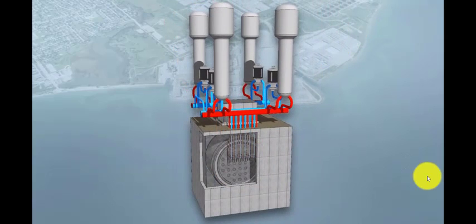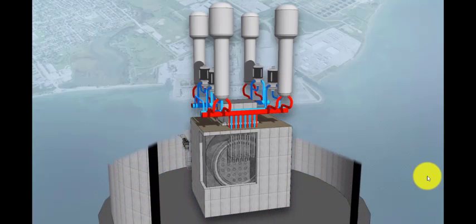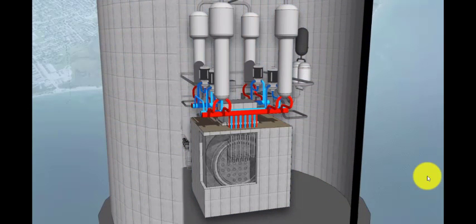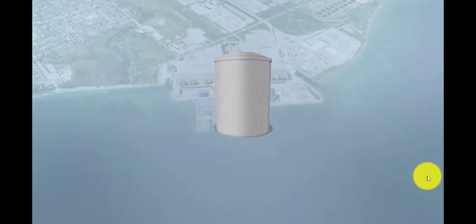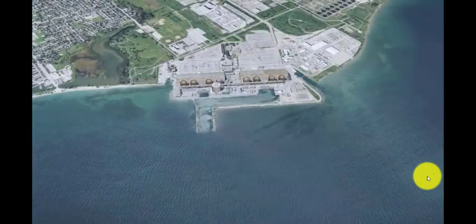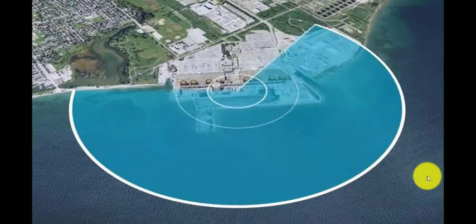The fourth layer of the containment is the containment building, which is made of concrete, and this concrete wall is 1 meter thick. The reactor building is surrounded by a 1 kilometer exclusion area or no-go zone.